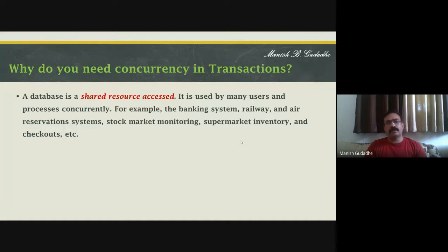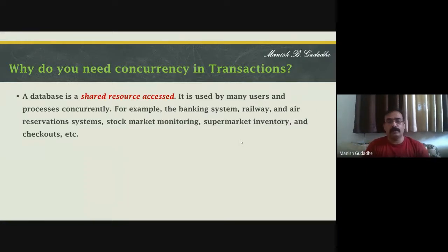But nowadays we can book a ticket from a mobile or computer, from home, from any website, not necessarily the railways website. Sites like MakeMyTrip also provide railway ticket booking. So several people can concurrently access that portal and try to book a ticket.